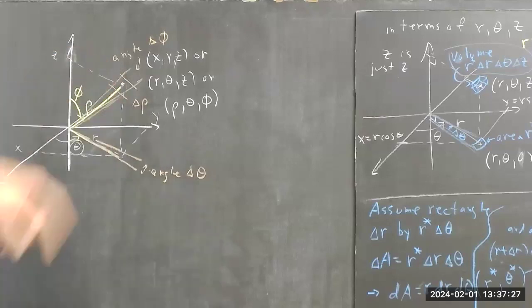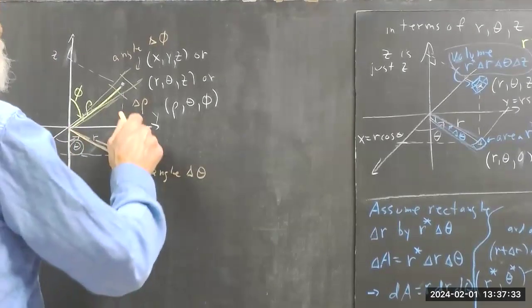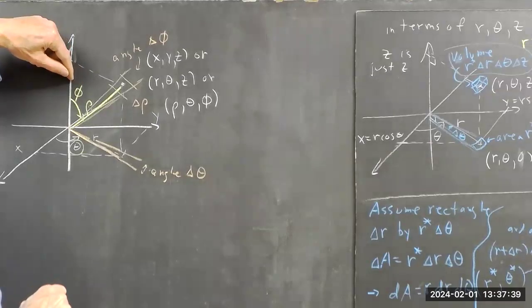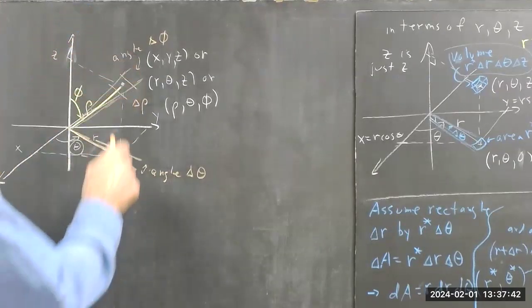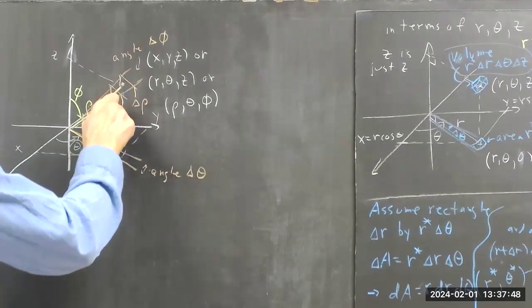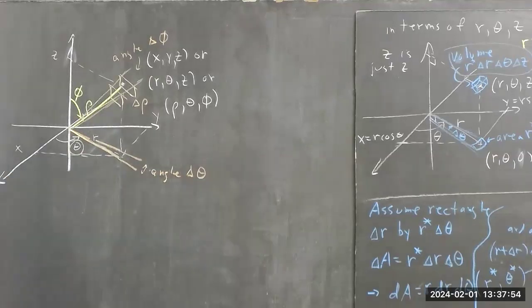So we get an increment up here. As we change phi, that changes the angle from the Z axis. So it's going to kind of come down this way. And phi is coming out this way.